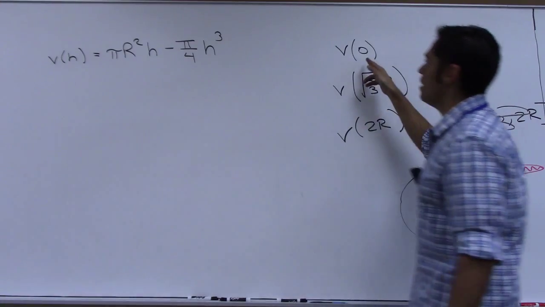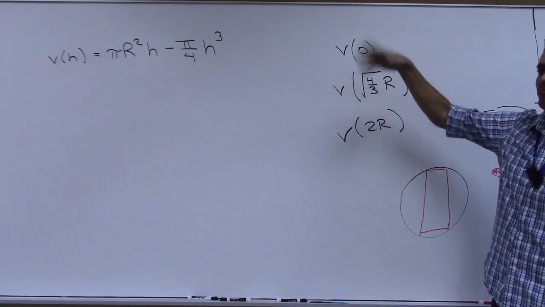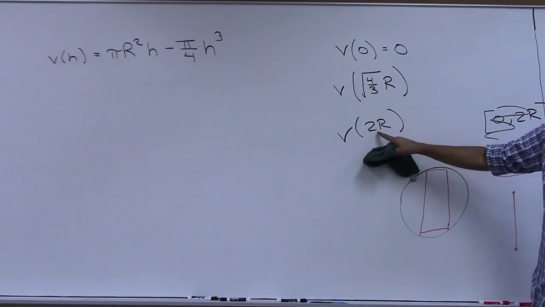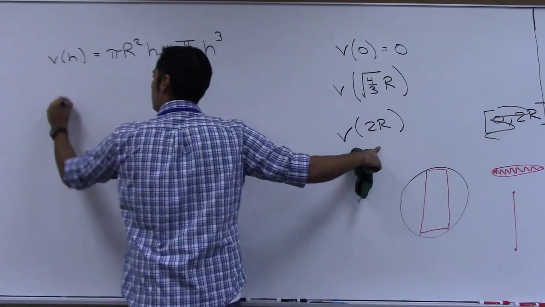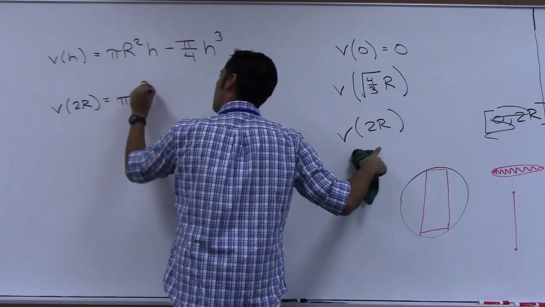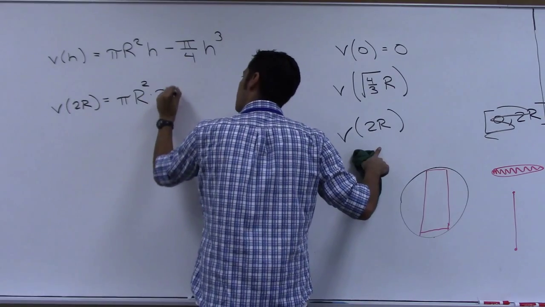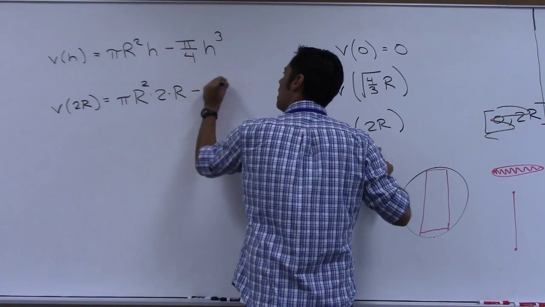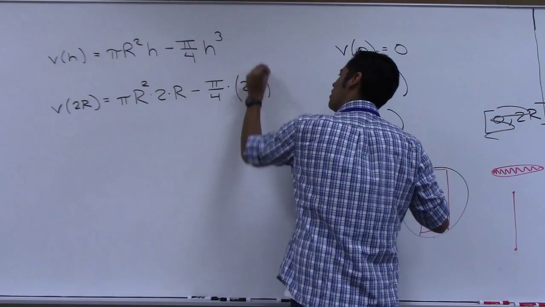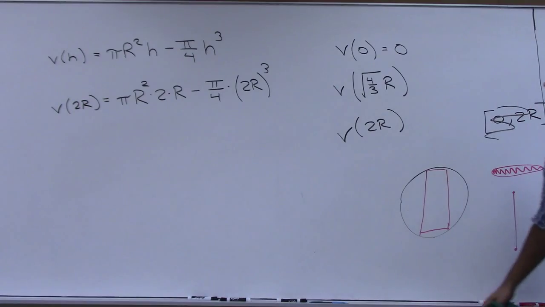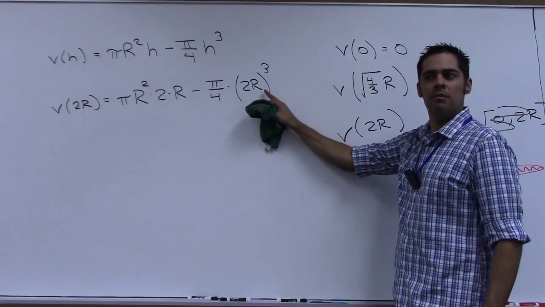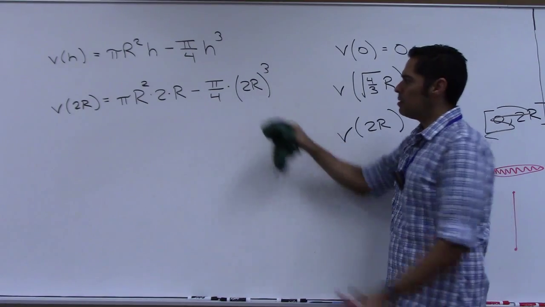Okay, now let's plug in 0. What happens when we plug in 0? That's easy, right? Plug in 0 for h, 0. All right, should we plug in 2r? Let's just see what happens. V of 2r. Replacing h with 2r: pi, capital R squared times 2 times capital R, minus pi over 4 times 2r cubed. When I cube 2r, I get 8r cubed.